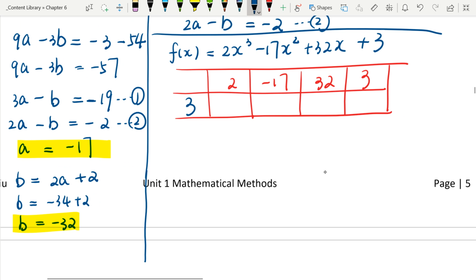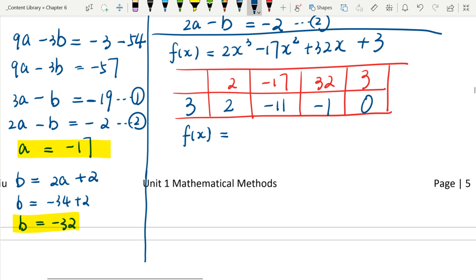Let's do a little revision. What's the first one? 2. What's the next one? 2 times 3 is 6. 6 minus 17? Negative 11. And negative 33 plus 32? Negative 1. And negative 3 plus 3? 0. The last one must be 0, otherwise there's a remainder. Okay, that's the remainder.